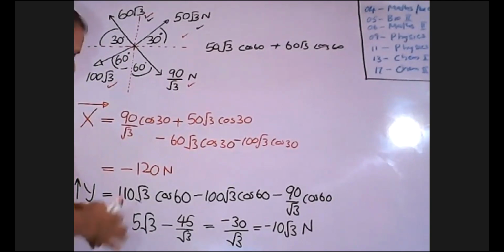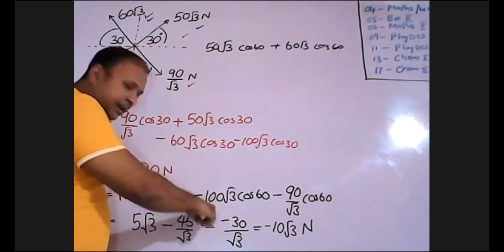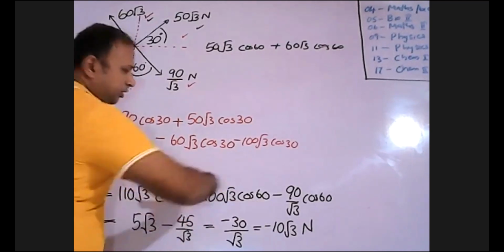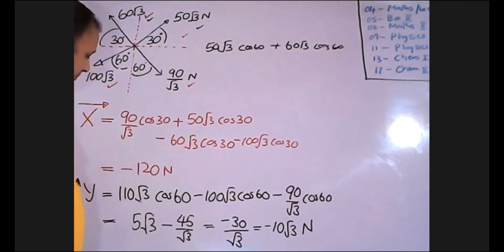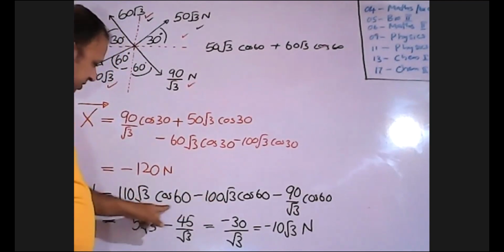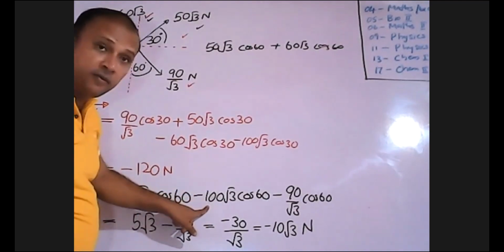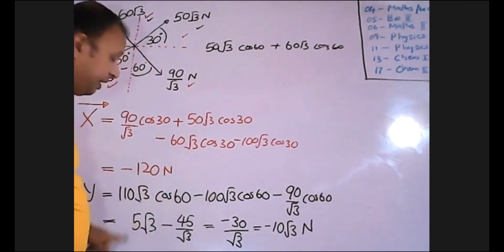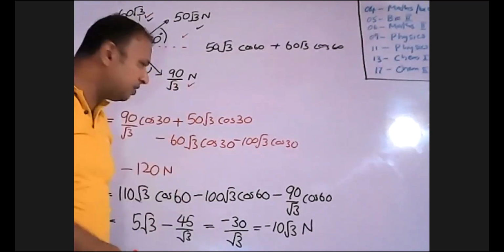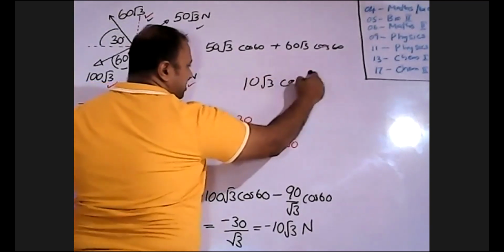Look at this one. 110 and 100, and cos 60 is common for all three terms. Therefore, I can simplify this one. I can subtract 100 from 110. So it will be 10 root 3 cos 60.